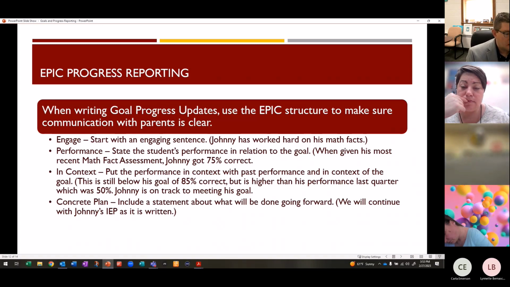But it's some way of letting parents know that if the performance isn't where we want it to be, we're going to figure out a way to address it. We're going to adjust our instruction, we're going to adjust our assessment, or maybe we need to meet and re-talk about the things that Johnny needs.